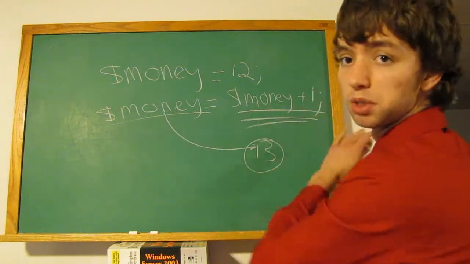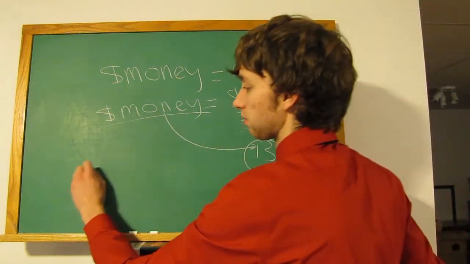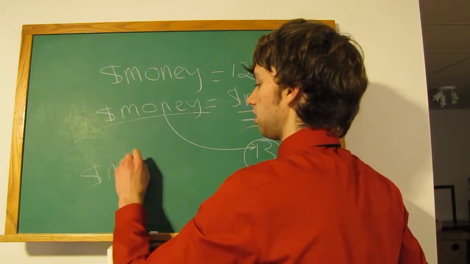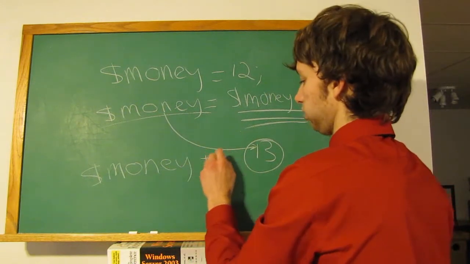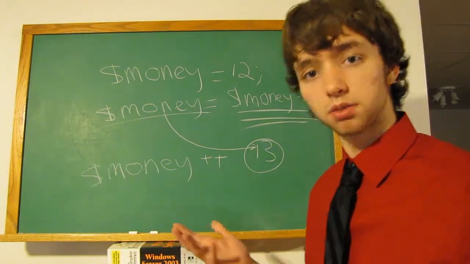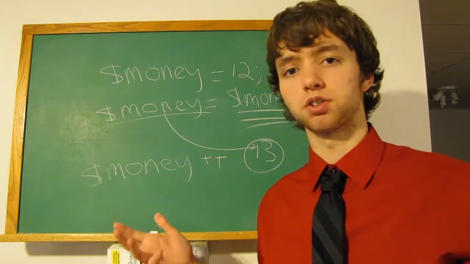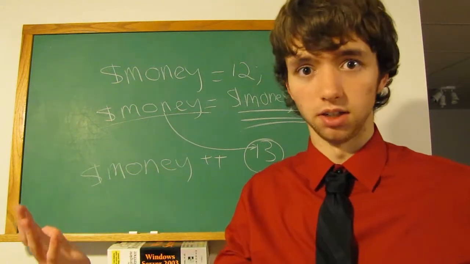So money equals money plus 1 is pretty much the same thing as money plus plus. So that's the basics of incrementing and decrementing. Pretty much, it's not even really the basics, that's like everything you need to know about it.